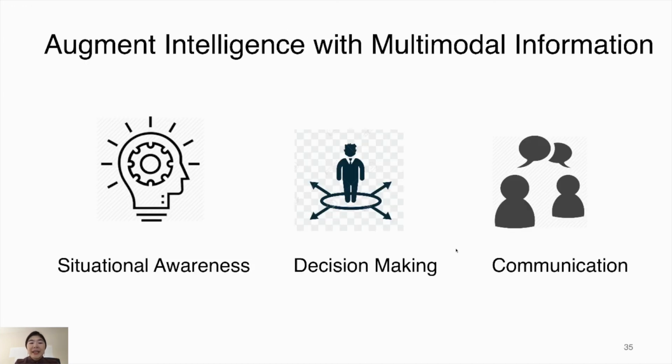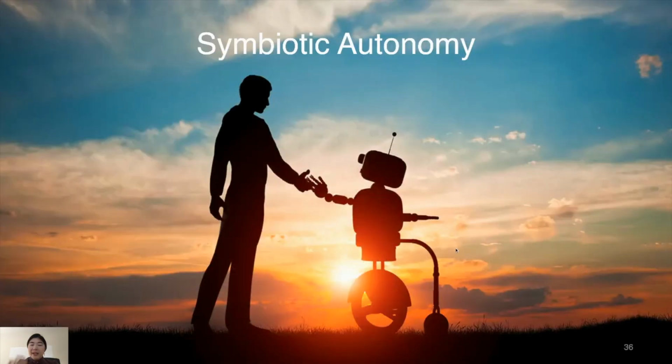Finally, I wanted to say that using multimodal information, you can enable different abilities in conversational systems or in machine intelligence in general. We're just talking about various algorithms to make humans and machines collaborate better.